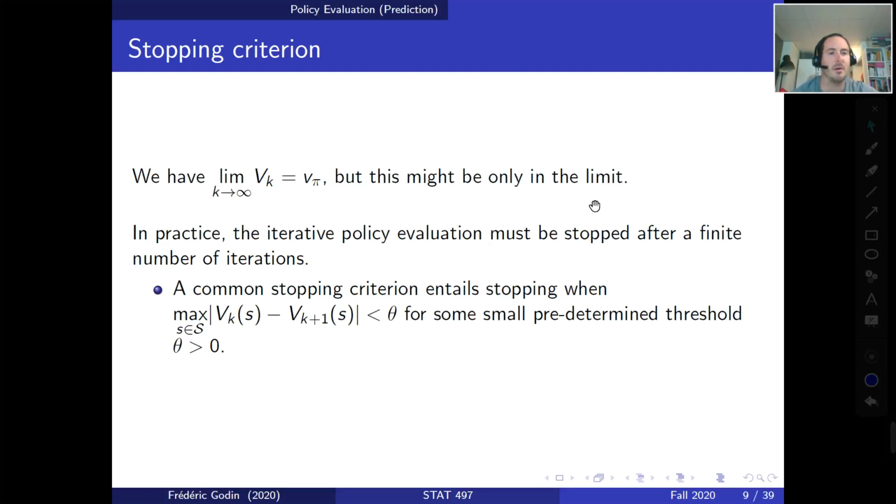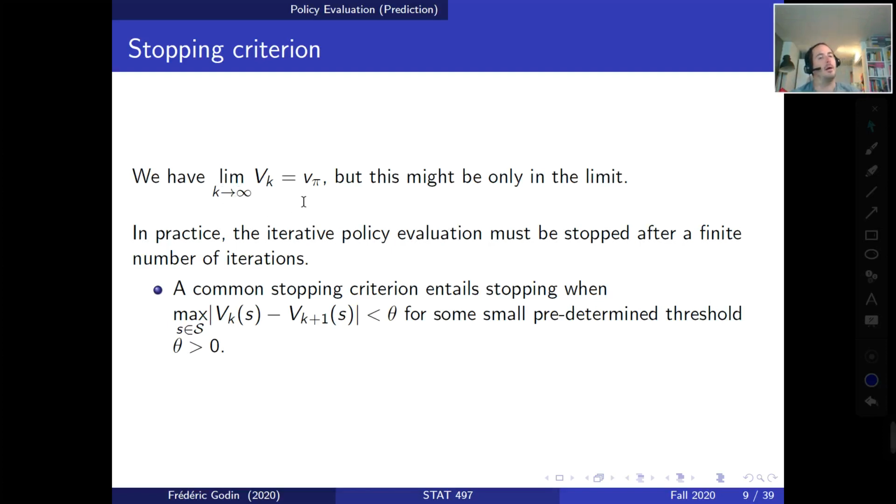Unless you're very lucky and have a proper estimate of the value function initially, V_k will converge to v_pi, but might never be exactly equal to v_pi.